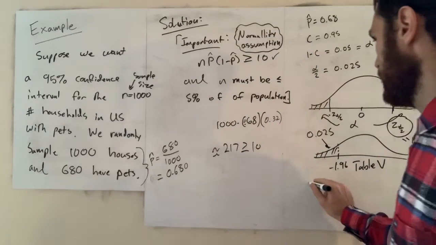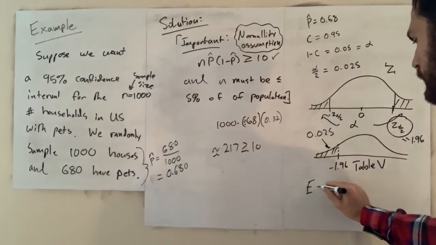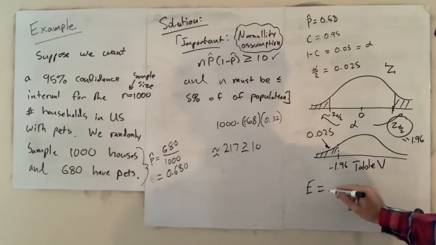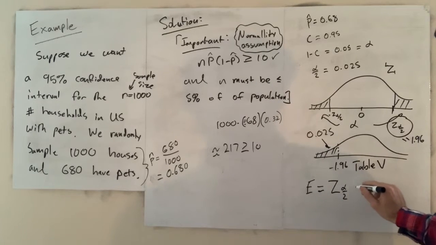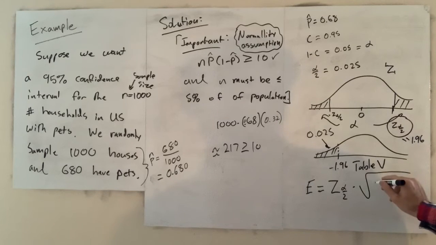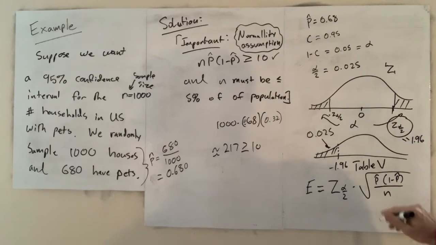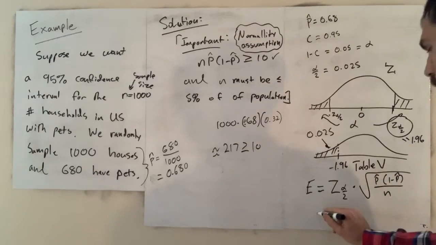And so if I want the error term, it is going to be z sub alpha over 2 times the square root of p hat times 1 minus p hat over n. So this is a multiplication.